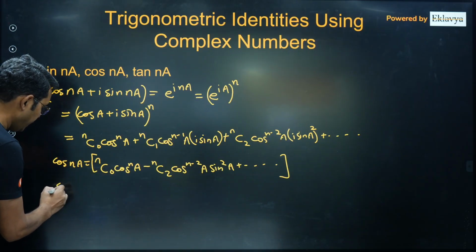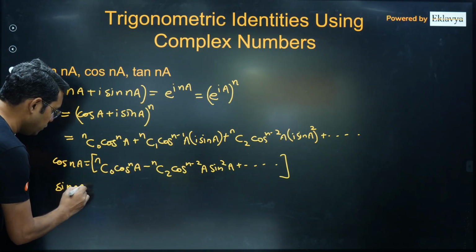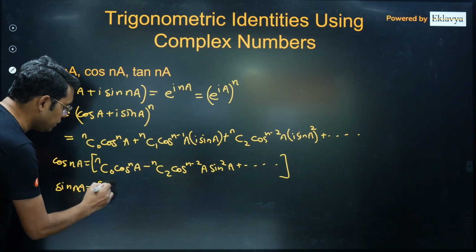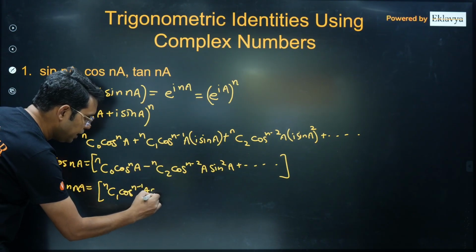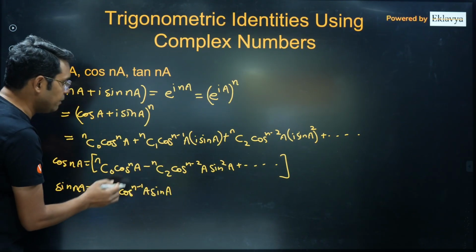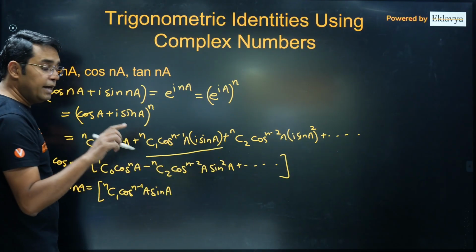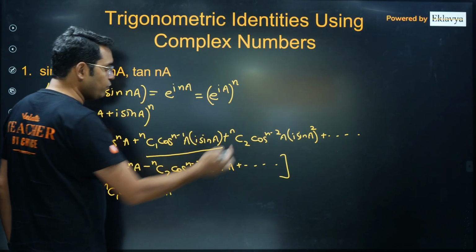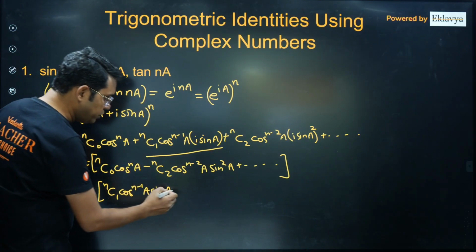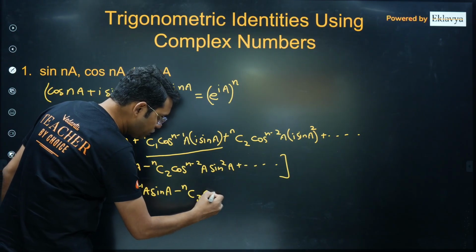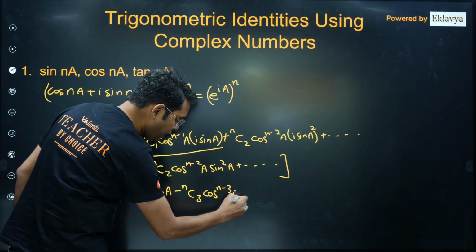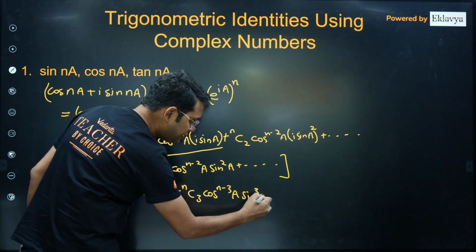Now sin nA, you just compare the imaginary part. So it will be nC1 cos^(n-1) A into sin A, that is coming from this term. Then, leaving this term, the next term would be the iota cube term, so there will be a minus sign, and it will be nC3 cos^(n-3) A sin^3 A, and that's it.